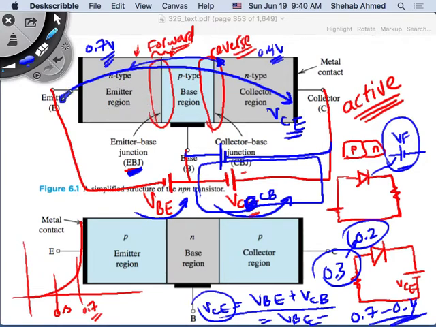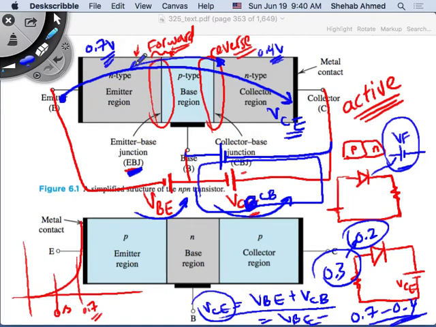We said that VCE is the voltage of the collector with respect to the emitter. According to Kirchhoff's voltage law, that voltage is equal to this voltage plus this voltage. If this voltage is negative, there will be a point beyond which, if I make it more negative, I will forward bias this junction. That voltage will be about 0.4 to 0.5. The emitter base junction is already forward biased at 0.7.